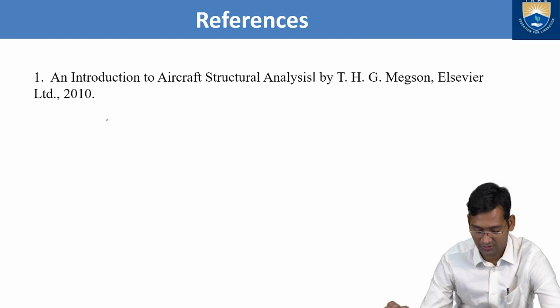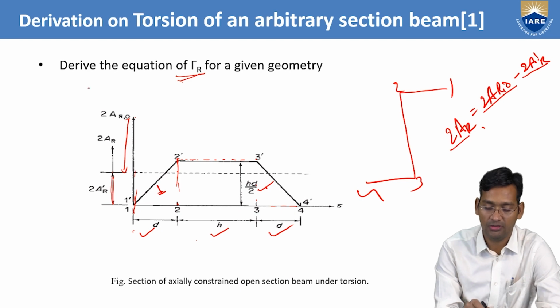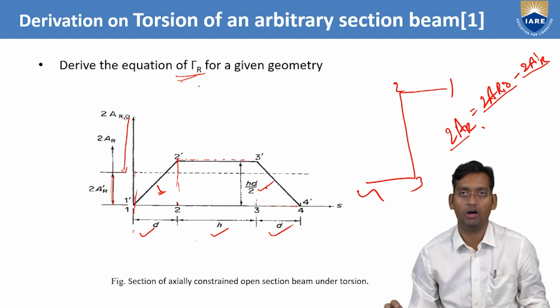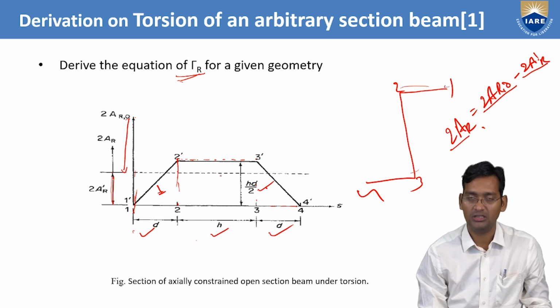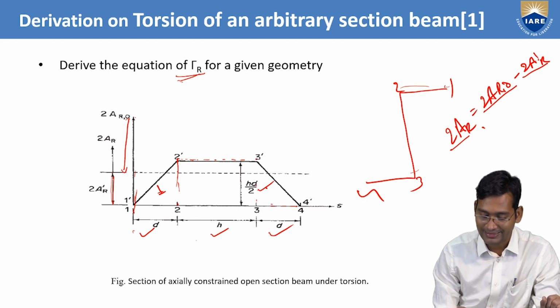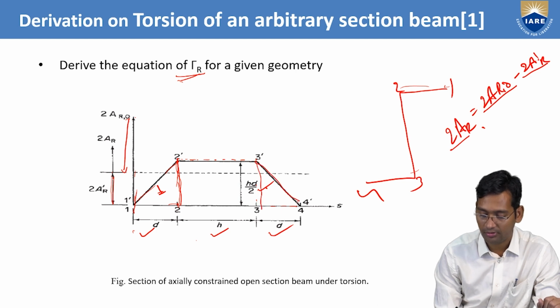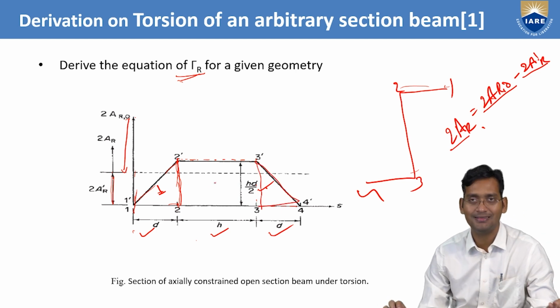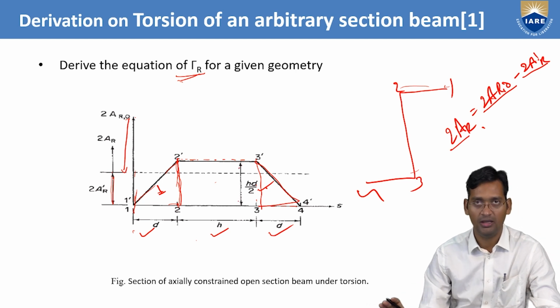Let me recall quickly once again. It is given: derive the equation for tau r for a given geometry. A similar question we had seen for this one, and we just projected to this one. Now we have to find the moment along this axis. In this figure there are two triangles and one rectangle, and that is given from here to here, which is hd by 2.